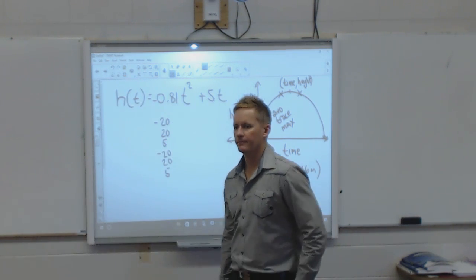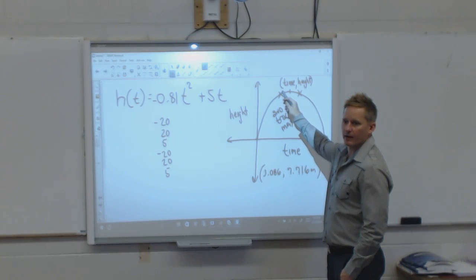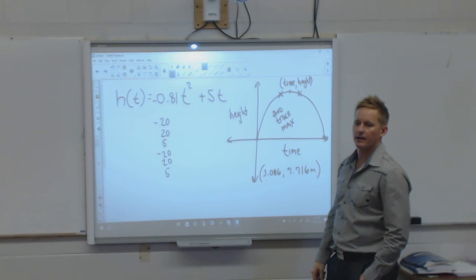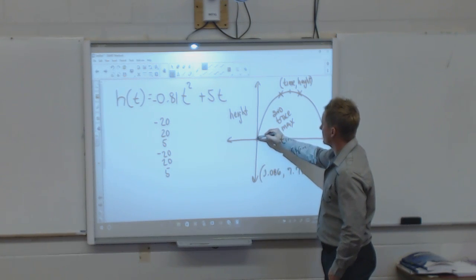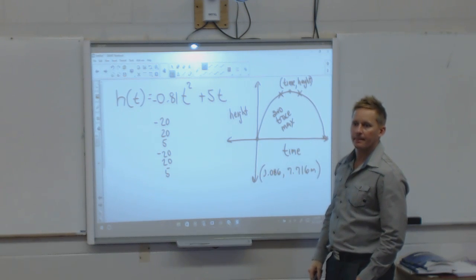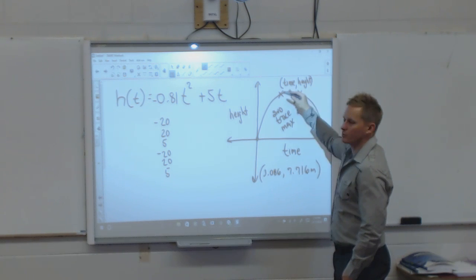Now I want you to go second function, trace, maximum. So you're going to get your left bound up here somewhere, close to your maximum value. Make sure it's to the left of that, and hit enter. It doesn't have to be perfect. It could be anywhere from here to here. Then move it to the right. So it can be anywhere in here as well.